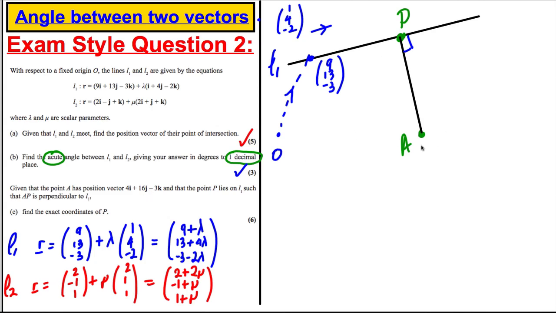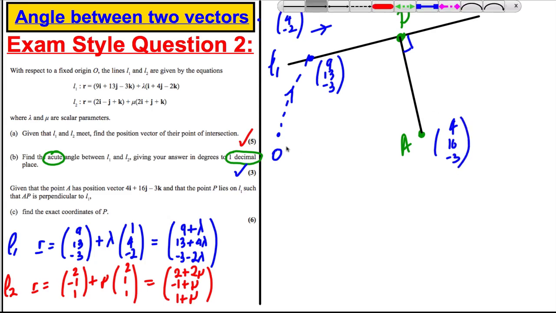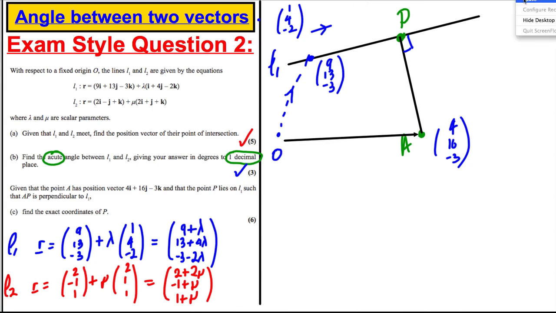Well, we're told the position vector of A is 4, 16, negative 3. So the vector from the origin to here is 4, 16, negative 3. One fact we can use is that the direction of this line and the direction of this line must dot to be 0.